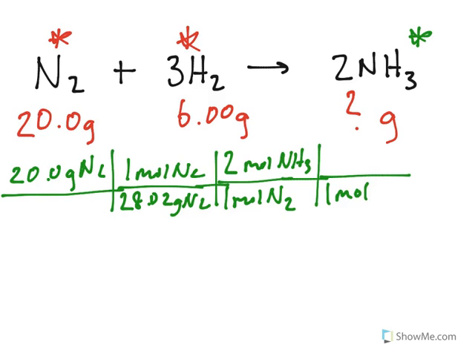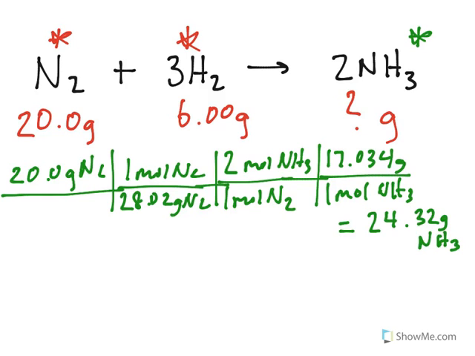And 1 mole of NH3 has a mass of 17.034 grams. And we find that 20 grams of nitrogen could produce 24.32 grams of NH3. So what this means is if all 20 grams of this nitrogen were consumed, you would be able to produce 24.32 grams of NH3.